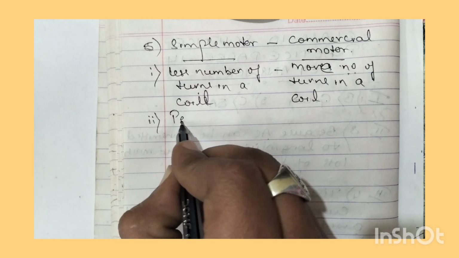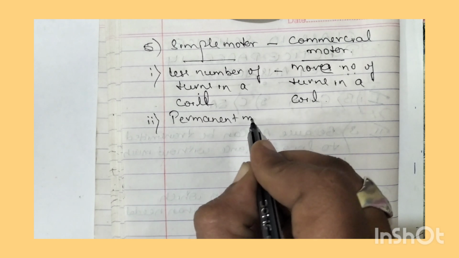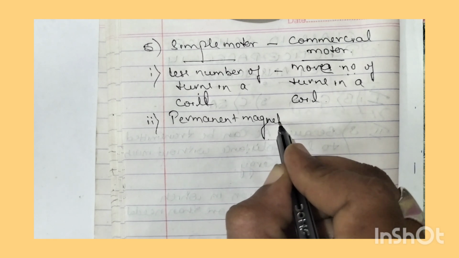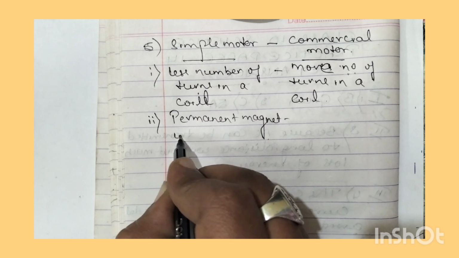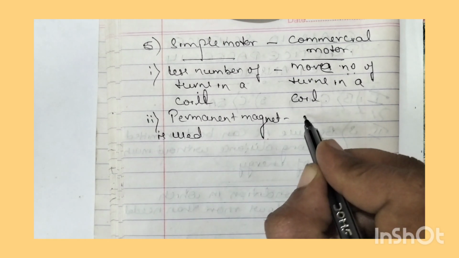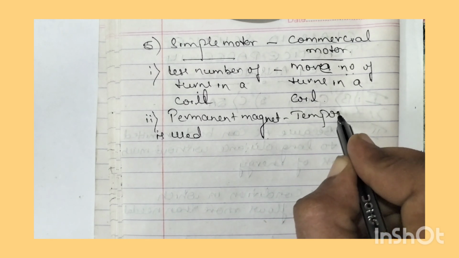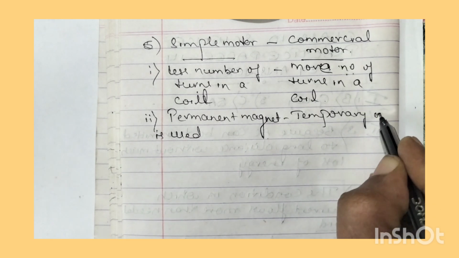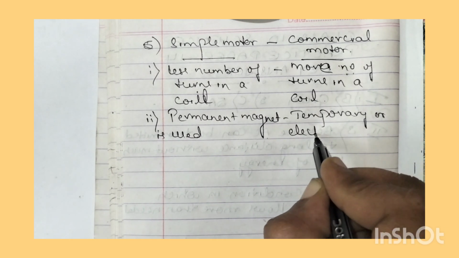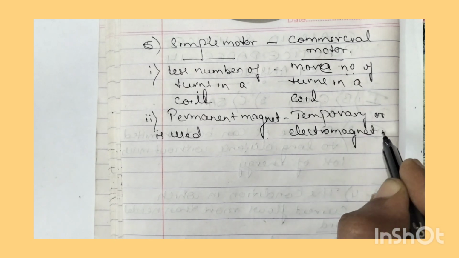Second one, in simple motor, permanent magnet is used. But in commercial motor, temporary magnet or electromagnet is used.